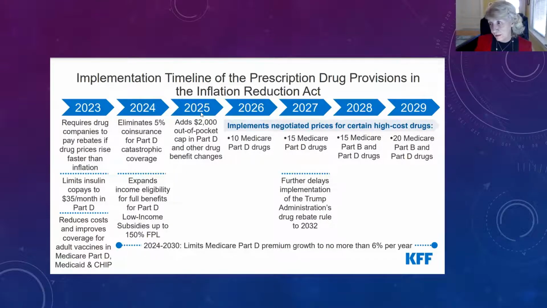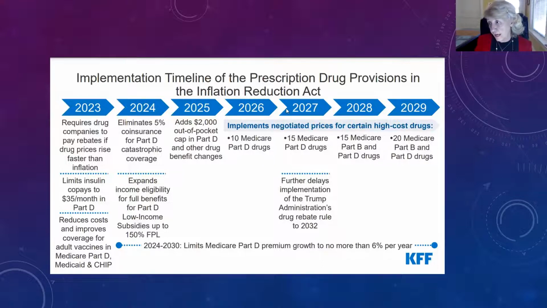One that's being touted a lot is the $2,000 out-of-pocket cost, which, if you remember, as we've been going through this today, the out-of-pocket cost could go as high as $7,400. That won't go into effect until 2025.